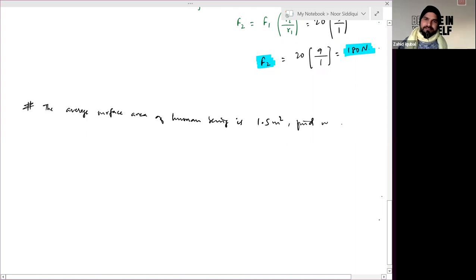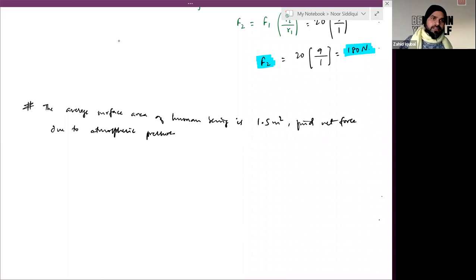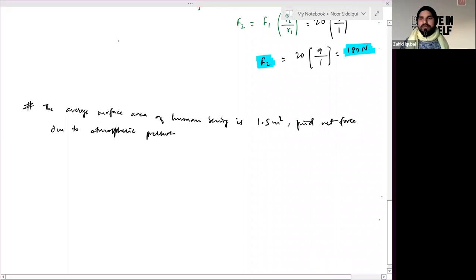Find net force due to atmospheric pressure. Just tell me the value of atmospheric pressure, what we have calculated in last class. Tell me the value of 1 atm.